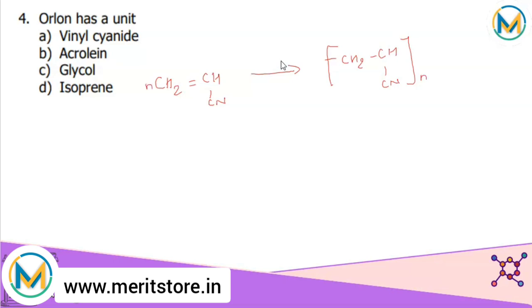So basically the monomer required, or the unit present, is vinyl cyanide. So the correct answer is option A.